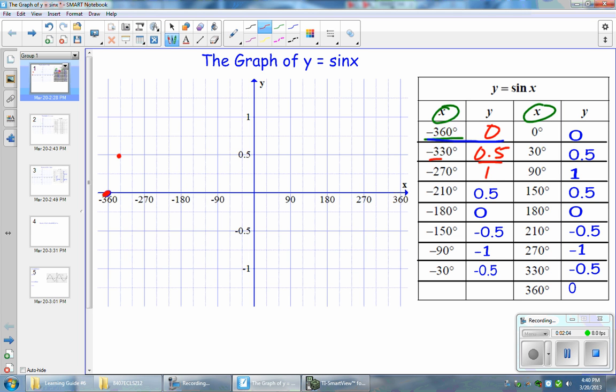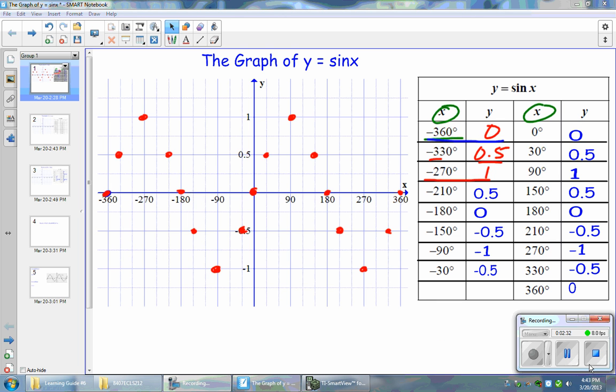Let's take a look at another point, negative 270, which is this point, comma 1, and that's going to be right there. Okay, let's carry on here. Negative 210, negative 0.5 is going to be right here. Okay, and finally, negative 180 comma 0 is going to be, again, at an x-intercept. So I'm going to go ahead and pause this, and I'm going to graph the rest of the points.